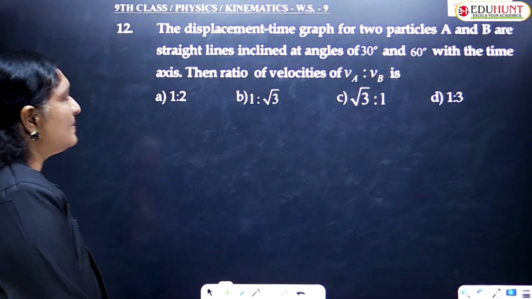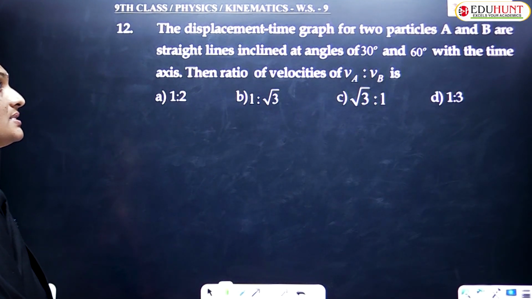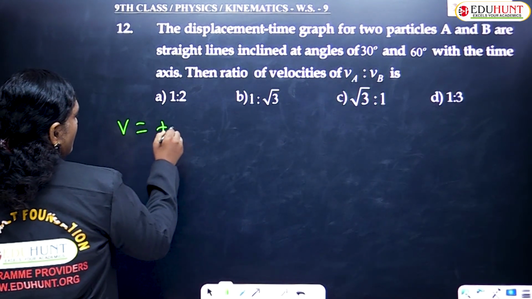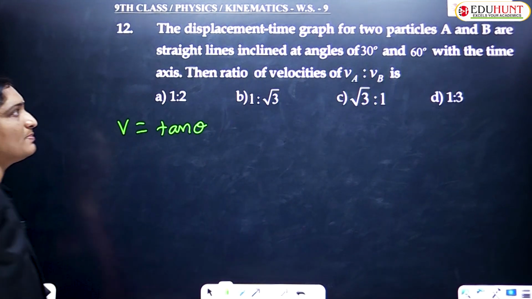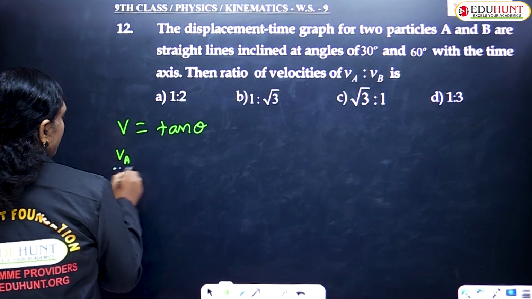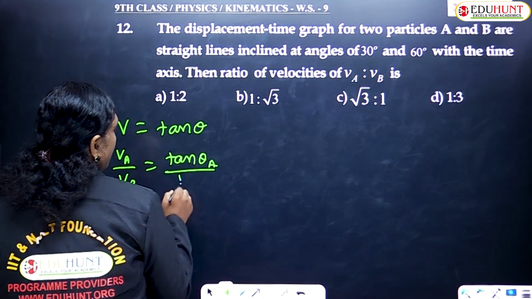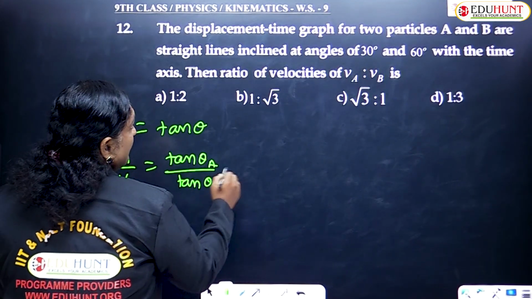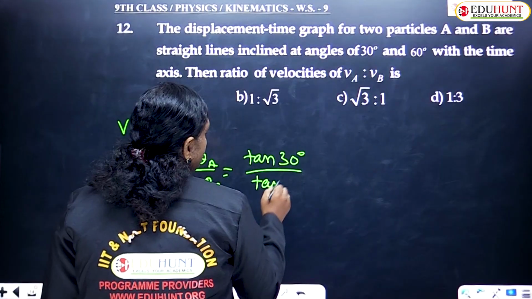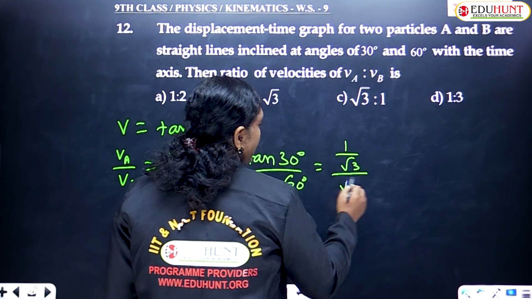Next, the 12th one. The displacement-time graphs for two different particles A and B are straight lines inclined at angles of 30 degrees and 60 degrees with the x-axis. The ratio of velocities: children, we know that the slope of the displacement-time graph gives velocity, which is tan theta. So to find the velocities VA and VB, we have to find their slopes, tan theta A and tan theta B. Tan 30 degrees is 1 by root 3 and tan 60 degrees is root 3.